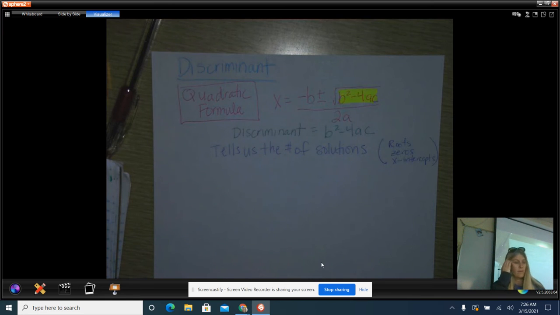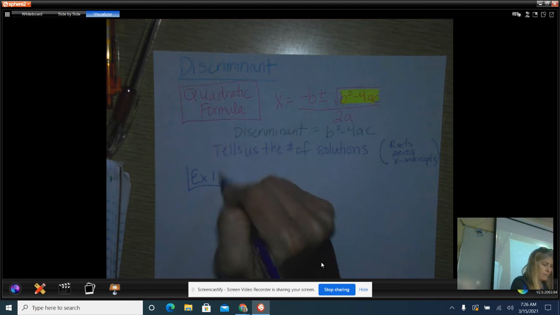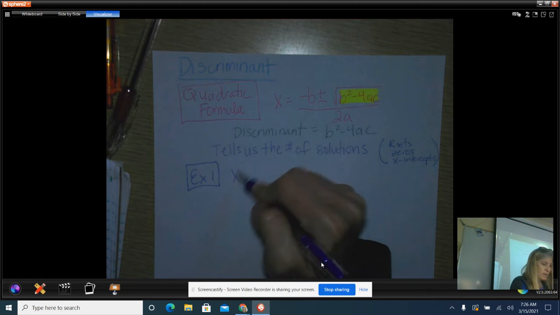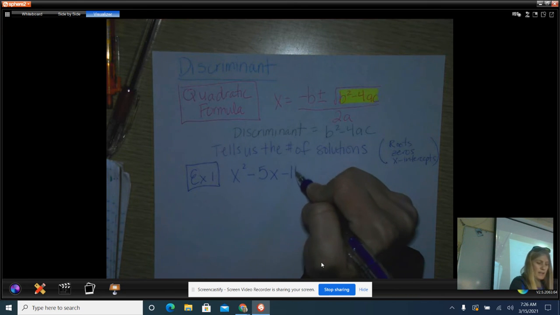Of course, we've been solving for this all chapter, but what we're looking for is the number of times that our parabola crosses the x-axis. So let's take a look at an example. Let's say we have x squared minus 5x minus 14.